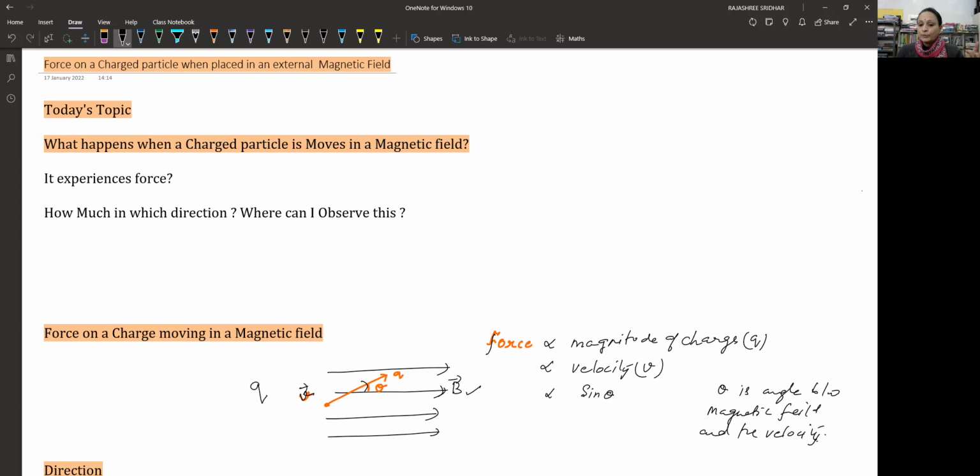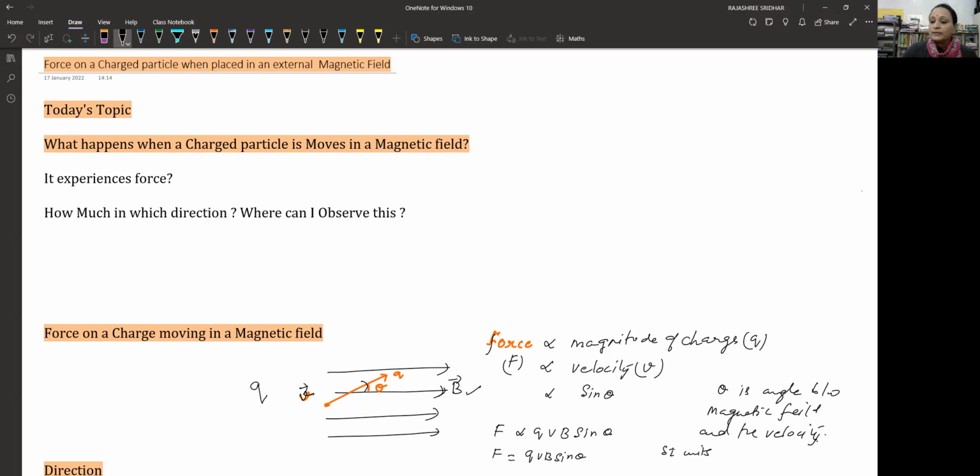We take the sine value of the angle between them. If I combine all this, the force F is proportional to Q, V, B multiplied by sine theta. In SI units, or CGS also, it is valid: F is equal to Q V B sine theta.